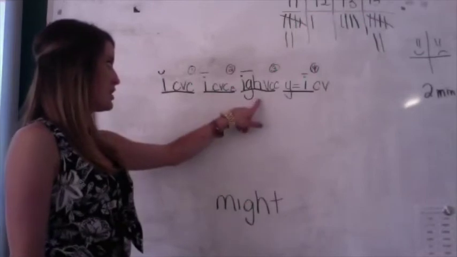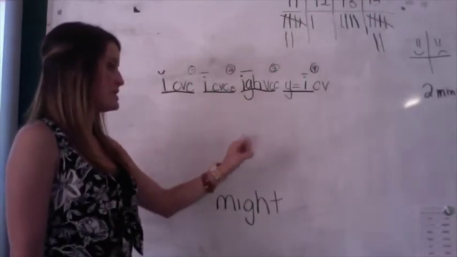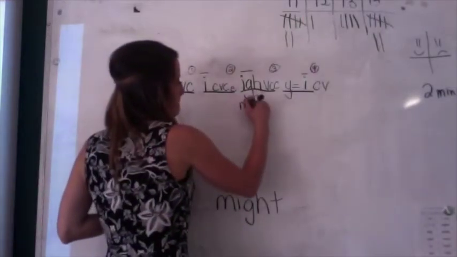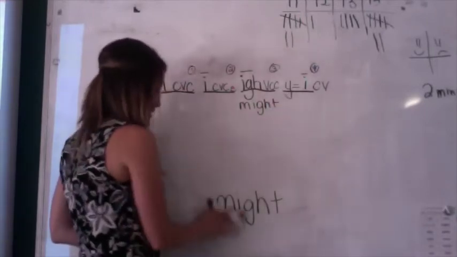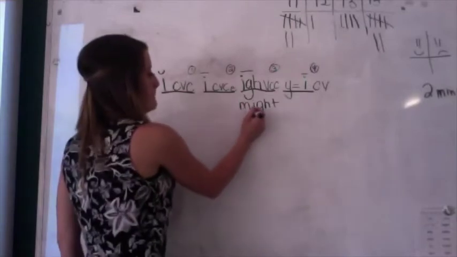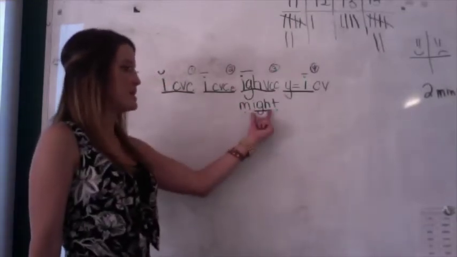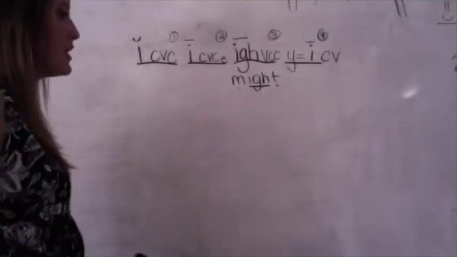That matches our third pattern with our 3 letters making one sound, I. Let's say and write might under column 3. M, I, t, might. Now let's dot and dash. M, I, t, might. Because these 3 letters together make one sound, we need to make sure that we are underlining those.